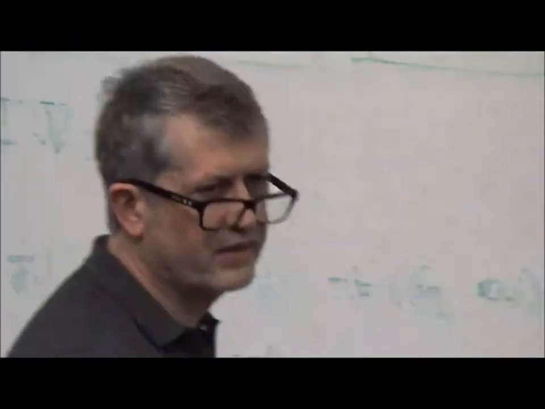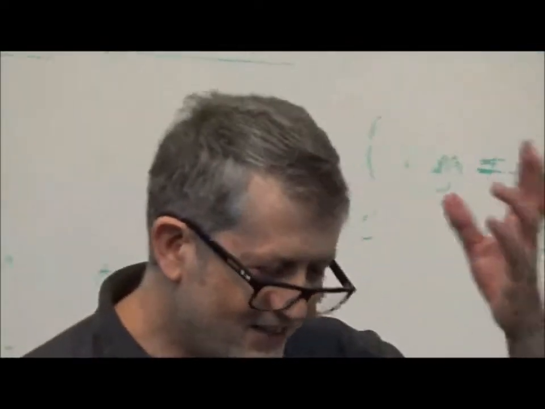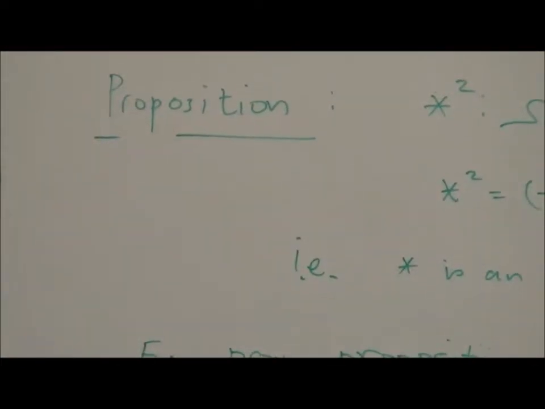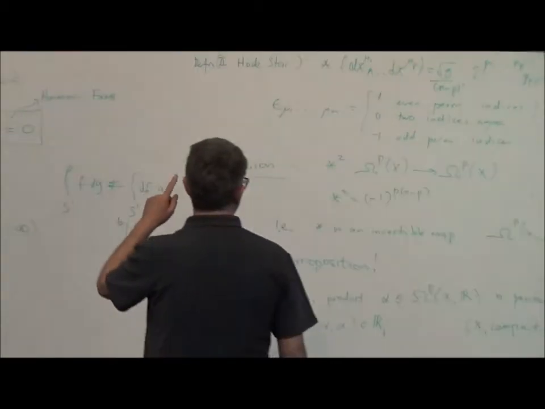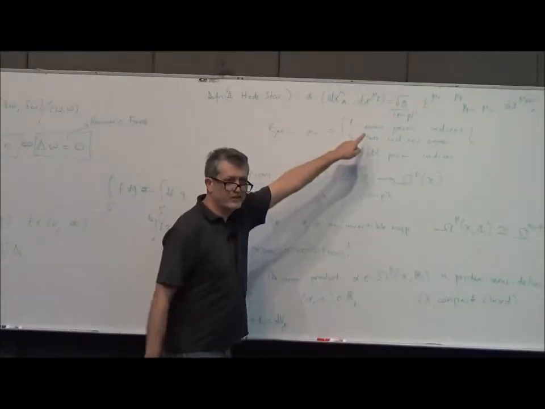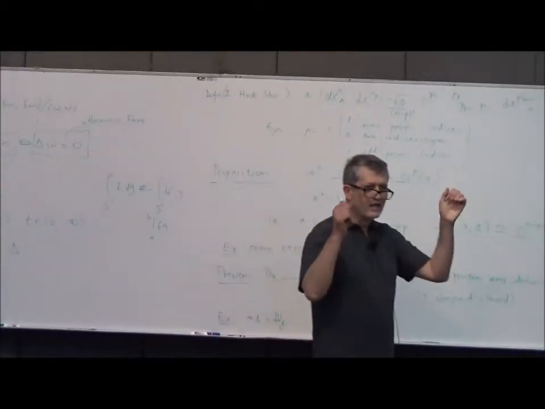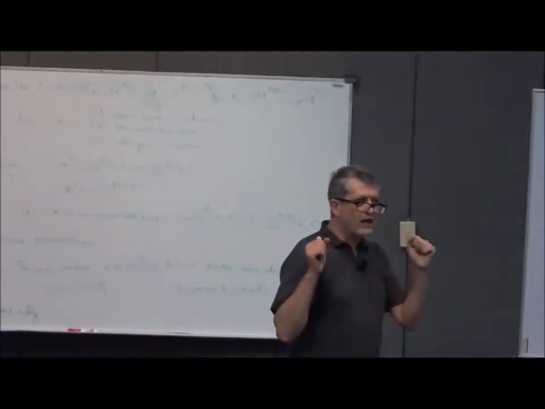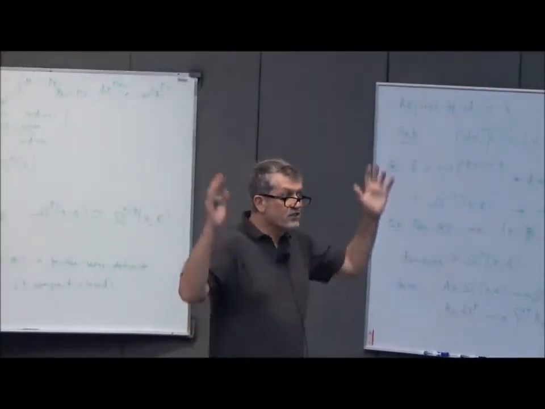Now, in fact, I want to go back to that, but there's not enough time in the day. Part of the problem is that I said that the star operator depends on the orientation. It depends very strongly on whether I have dx wedge dy or dy wedge dx as the positive measure.